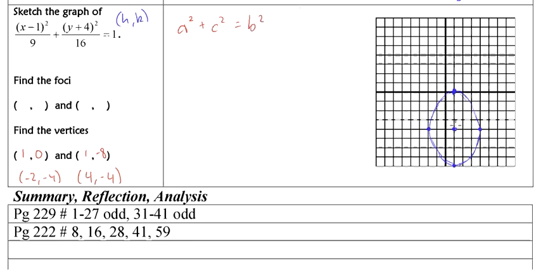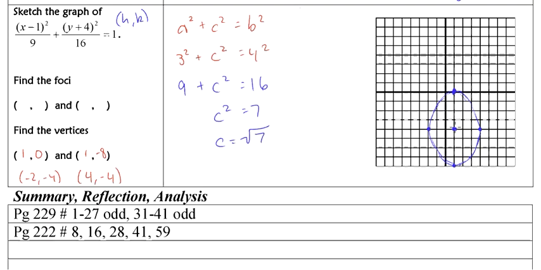So the major axis is going to be 4, so 4 squared, and along the minor axis that's going to be 3, so 3 squared plus c squared. So that's 9 plus c squared equals 16. Subtract 9 from each side, and we get c squared equals 7. And so c equals the square root of 7.